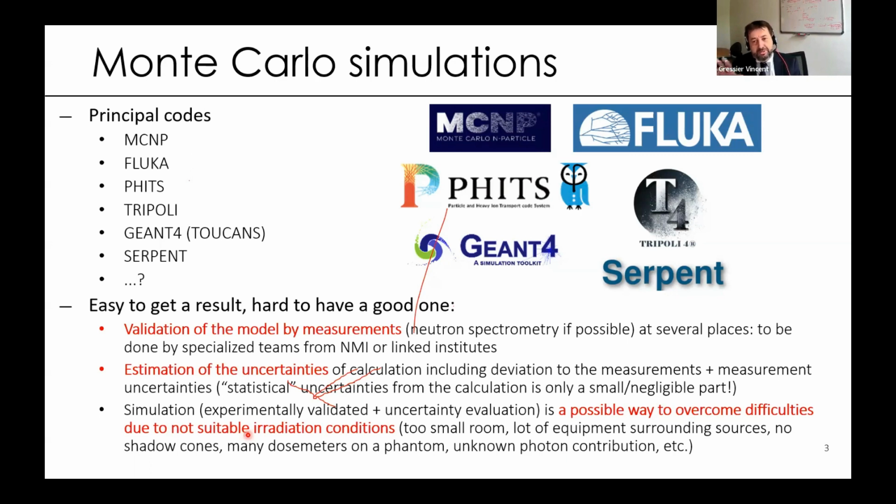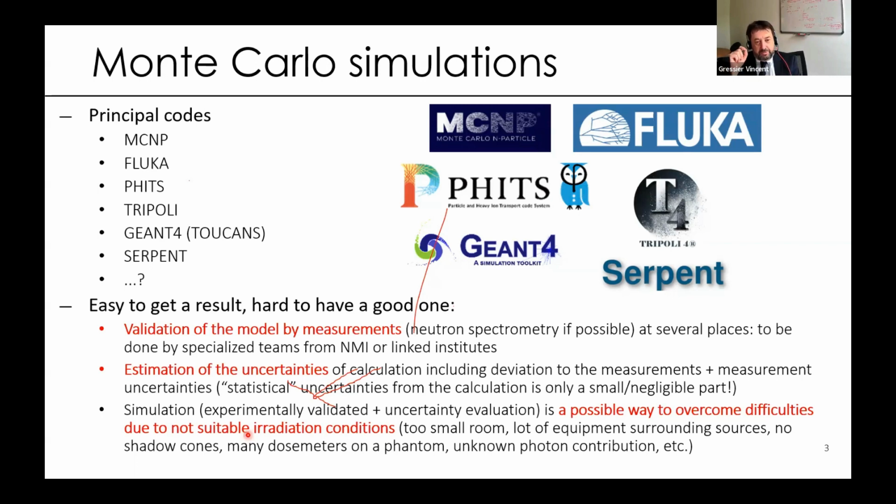This spectrometry should be done by specialized teams, which could come from NMIs or linked institutes. You have to estimate the uncertainties of the calculation, including deviation from the measurements, because the uncertainty given by your calculations, generally only statistical, is only a small and negligible part.